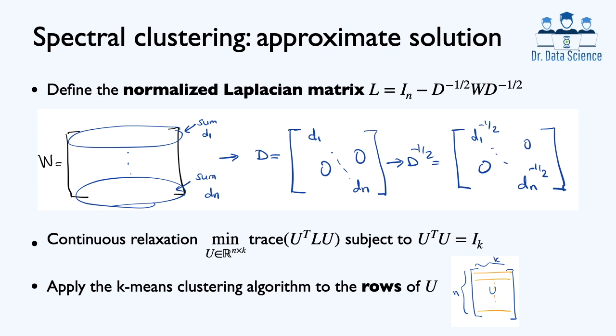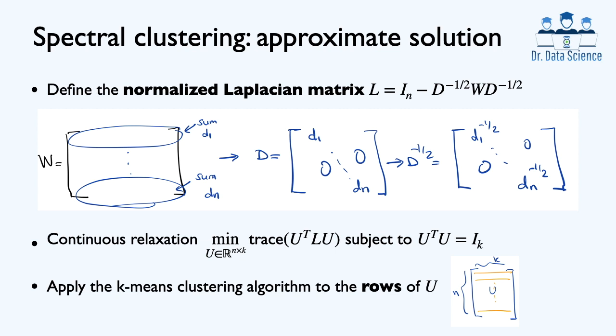And then we put these sums on the main diagonal elements of the matrix D. So the matrix D is what is called the degree matrix, and only has elements on the main diagonal, and each diagonal element corresponds to the sum of the corresponding rows of W. And because this is a diagonal matrix, it's very easy to also find its inverse and also its square root. So you just need to find the negative square root of each diagonal element.